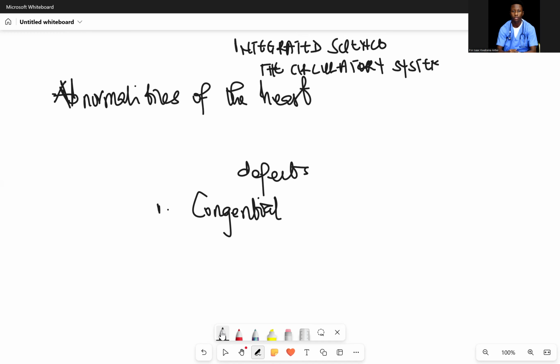Let's look at some of the congenital heart disorders or abnormalities. Can we look at them? So one is hole in heart.